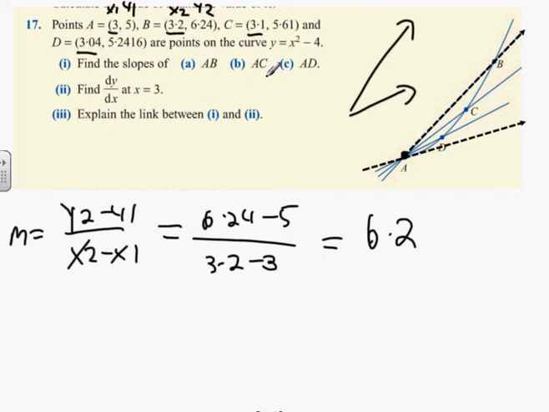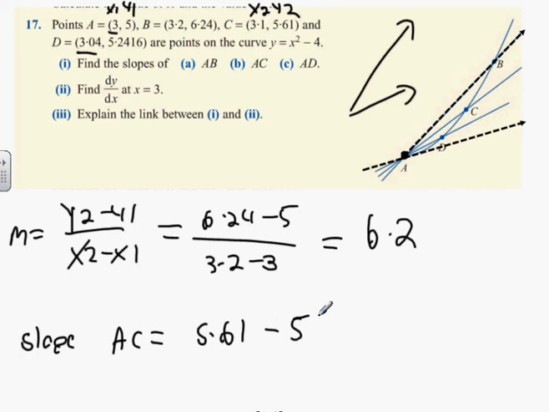What happens with AC, guys? Let's try AC now. So how do you do AC? That's x2, y2. Same slope formula again. So this is the slope of AC, once again using the same formula. We're going to have 4.61 minus 5 all divided by 3.1 minus 3.